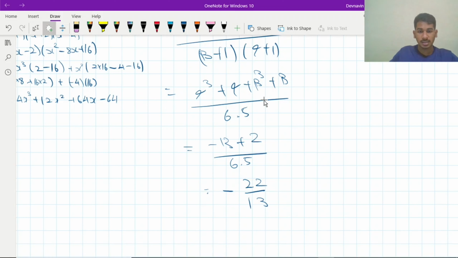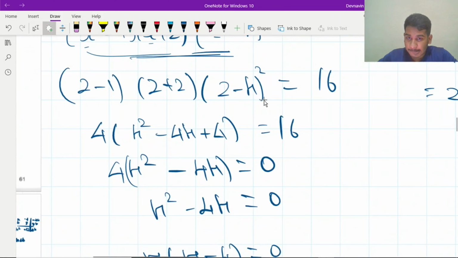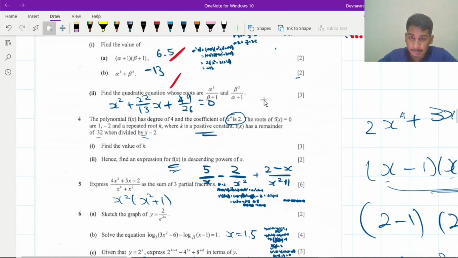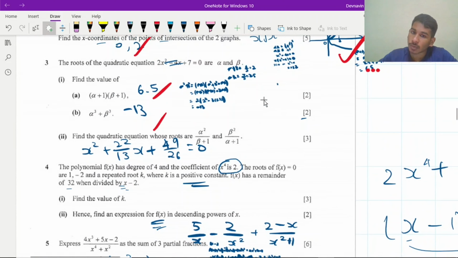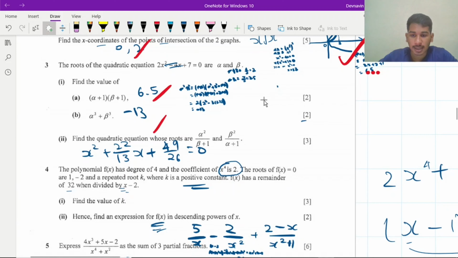But the answer key says it's 64. Not sure why. Yeah, I'm not sure why. If you guys find why, can you tell me why I'm wrong? It'd be great. So I'll say question mark.